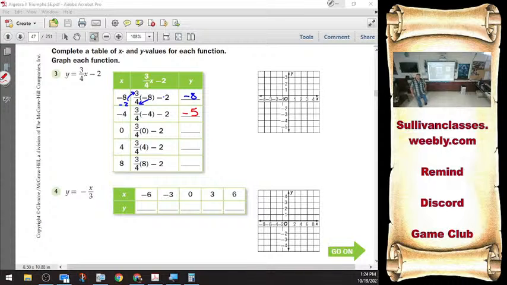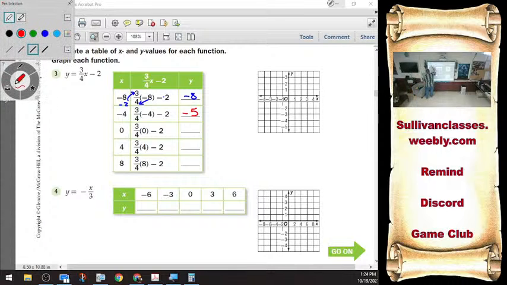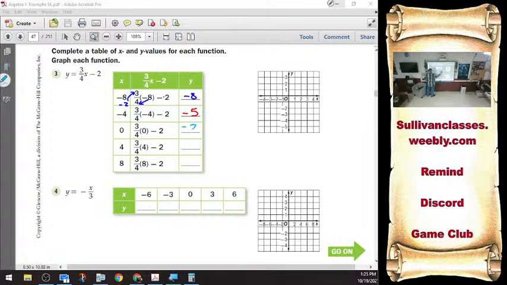Minus 2. Negative 2. It happens. Okay. What is a quarter of positive 4? 1. Right? 4 divided by 4? 1. Times 3. What's 1 times 3? 3. Subtract 2. Okay.